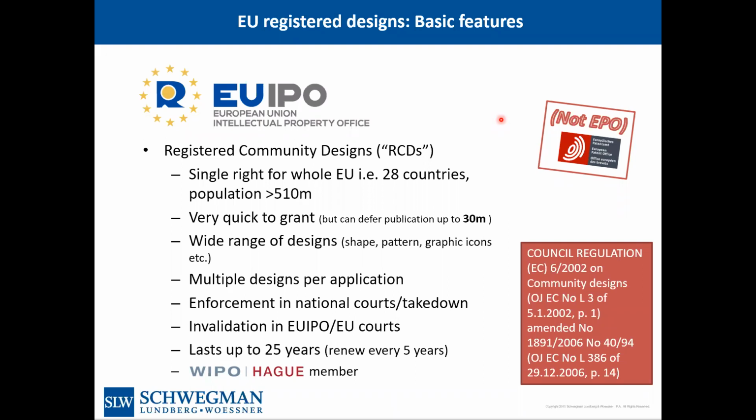It's very important and of course very confusing when you've got the European Patent Office as well, and the EU IPO is not the EPO, as I've mentioned there, and the European Patent Office is an organization independent of the EU.